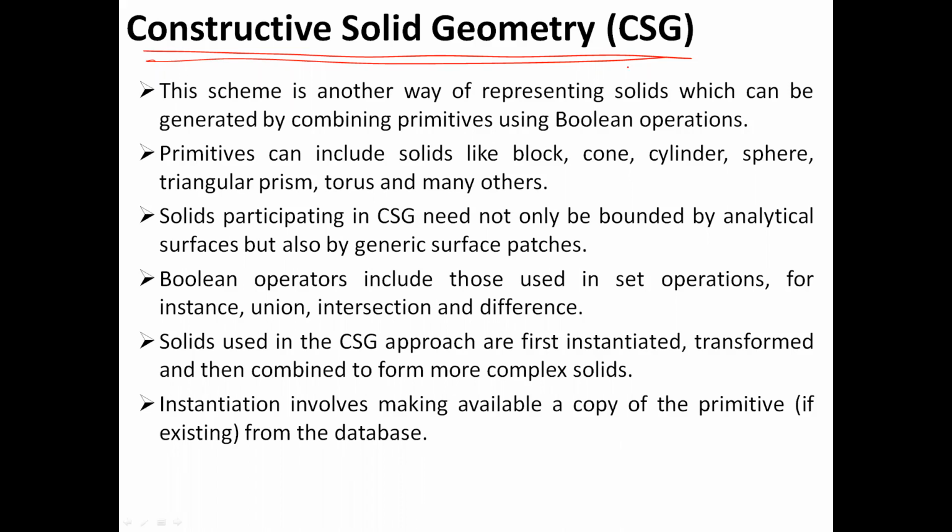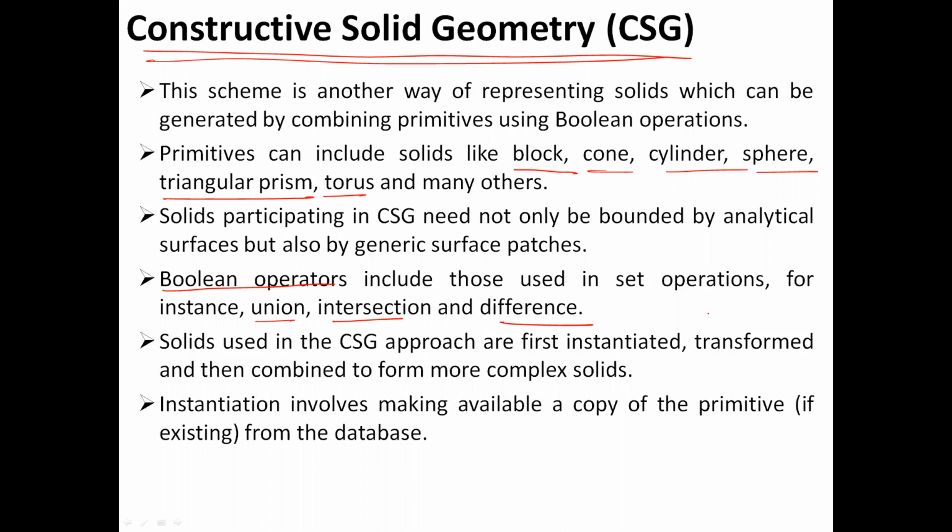There are 6 basic primitives. They are block, cone, cylinder, sphere, triangular prism, torus, and there are many other primitives also which can be user defined. We follow Boolean operations over here, and generally the Boolean operations are union, intersection, and difference. The other Boolean operations automatically come into the picture while we are doing the operations.